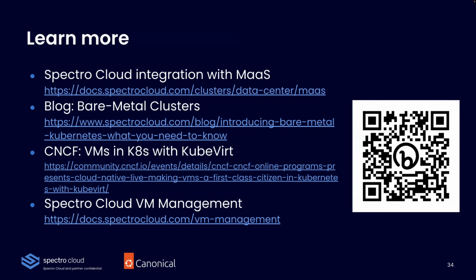If you want to learn more about how to run virtual machines in bare metal Kubernetes clusters, we recently did a webinar that you can follow there on how we make VMs a first-class citizen in Kubernetes with KubeVirt. And there is a VM management section in our docs that gives you a hint of the new capabilities around virtual machine orchestration that we will be launching in the next couple of weeks.